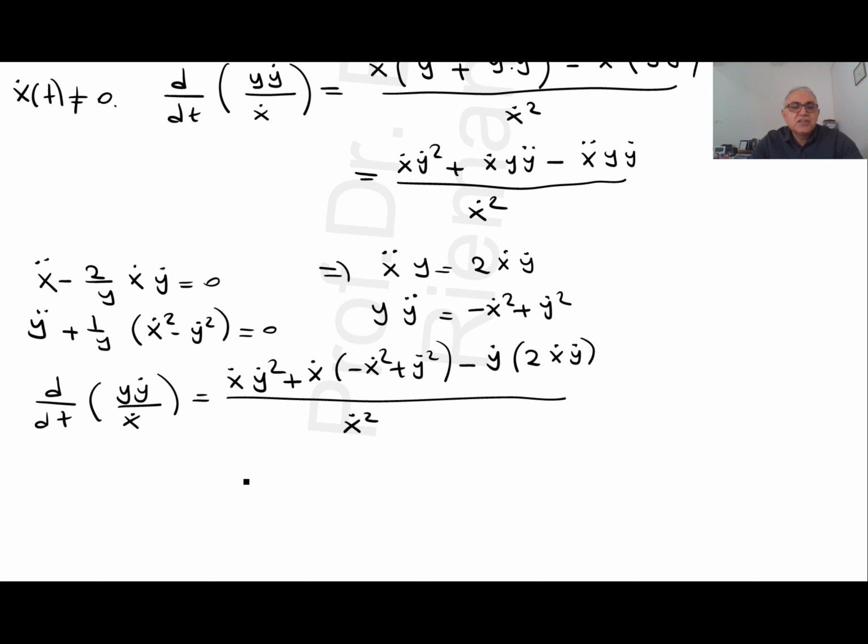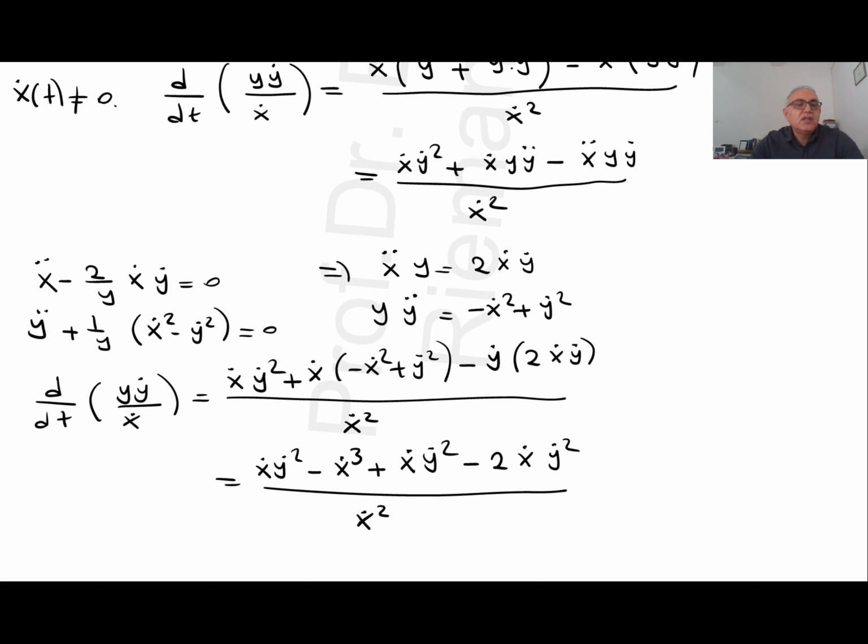Now if you arrange these equations, y square minus dot plus y square 2 times x dot y dot square over x dot square. So you see these and these cancel each other.